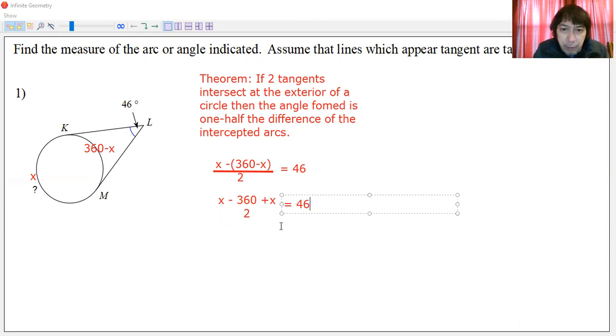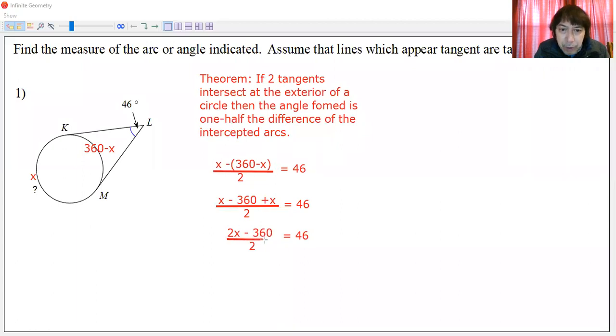Now x and x is 2x. So we continue with 2x minus 360, and we divide this by 2, and this will still be equal to 46.